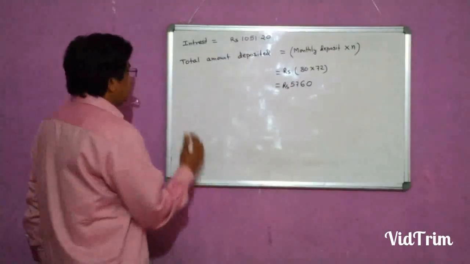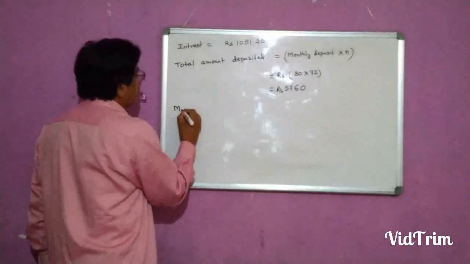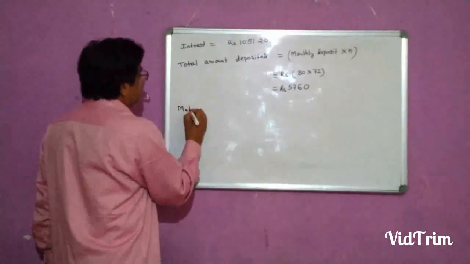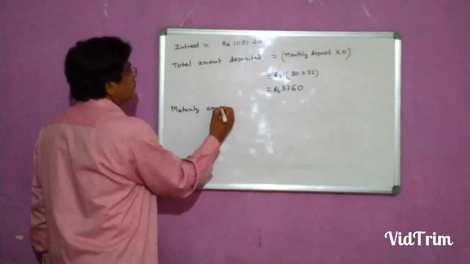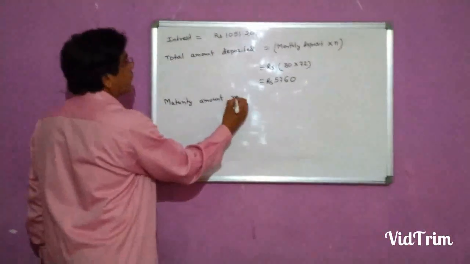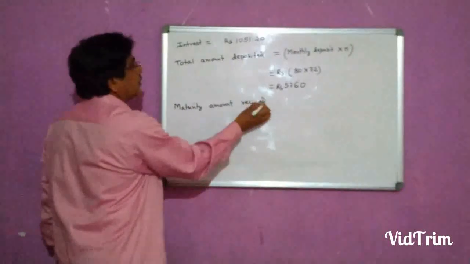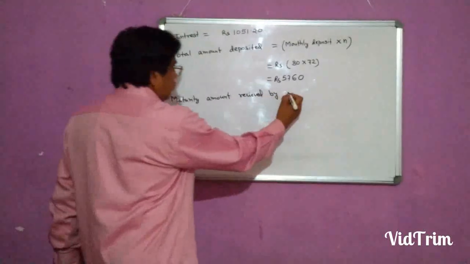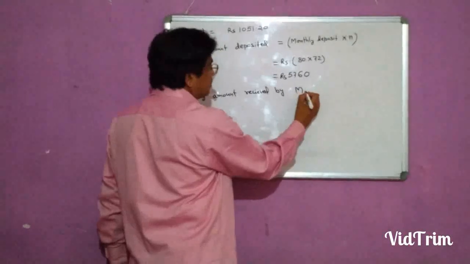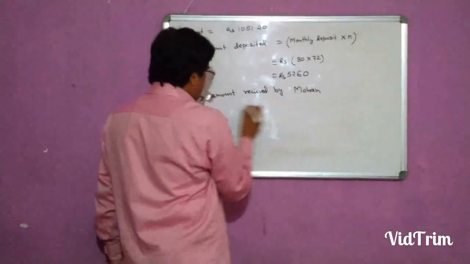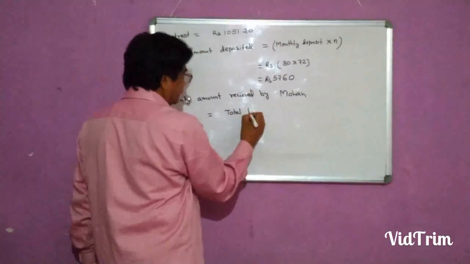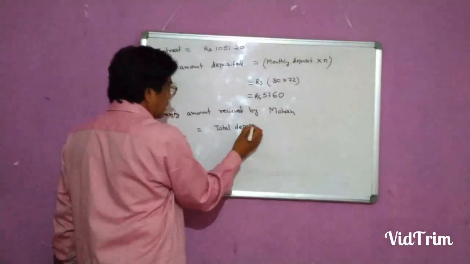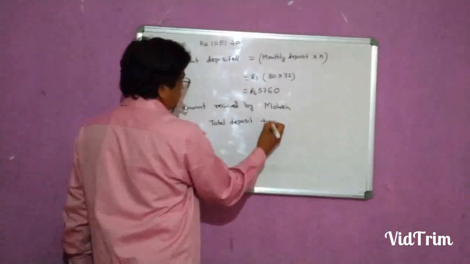So finally, the maturity amount received by Mohan, because here the depositor was Mohan, is equal to total deposit plus interest.